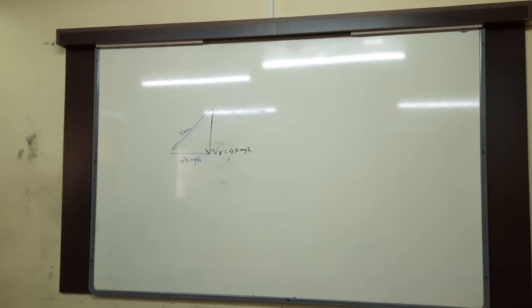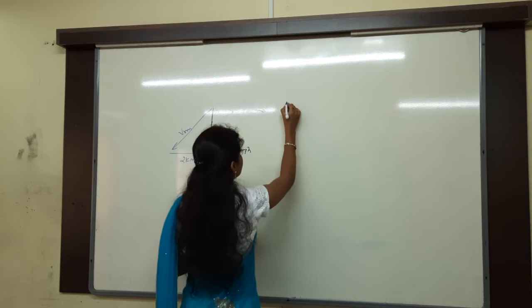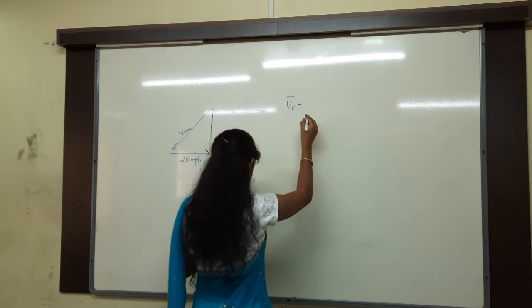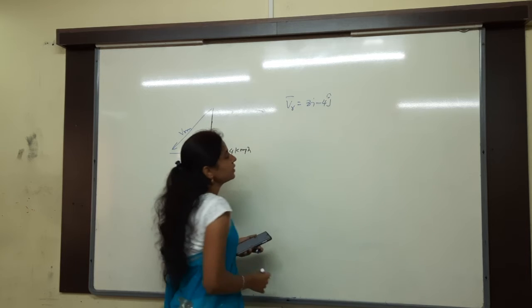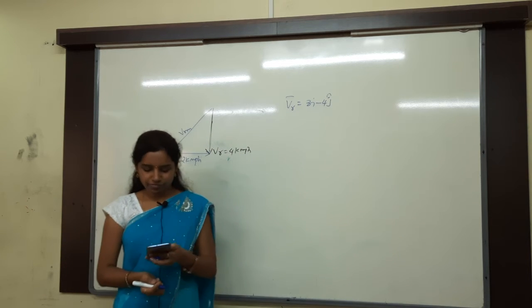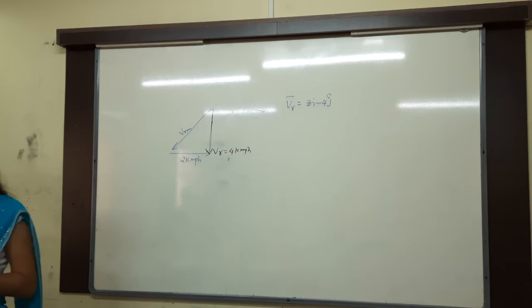Umbrella should be held if velocity of rain VR bar is equals to 3i minus 4j.